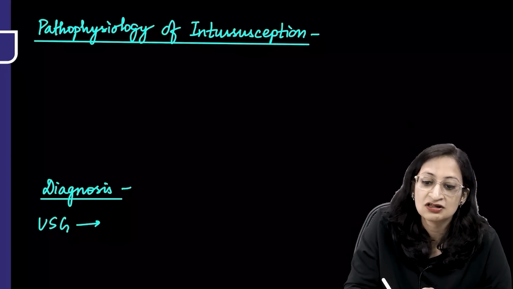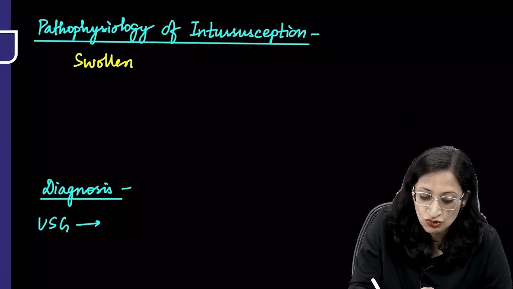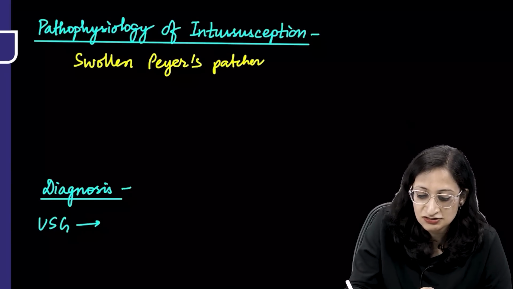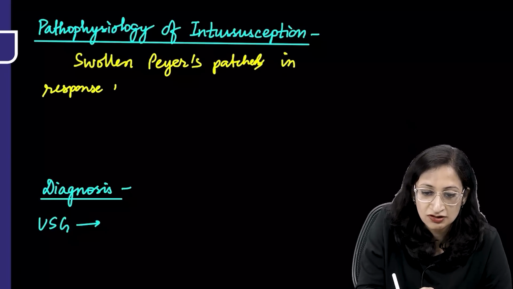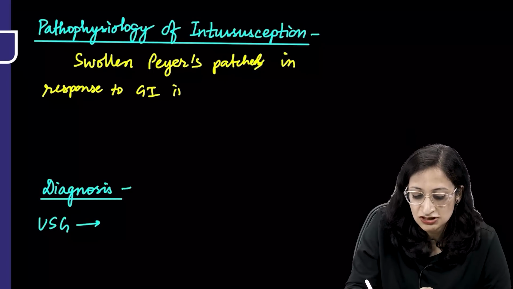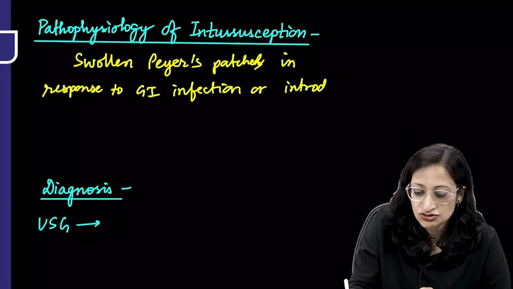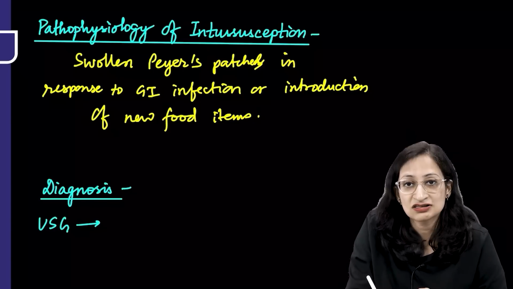So there are swollen Peyer's patches or lymphoid aggregates in response to GI infection or introduction of new food items, and they act as lead points.